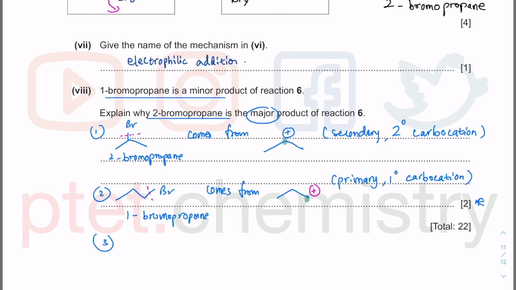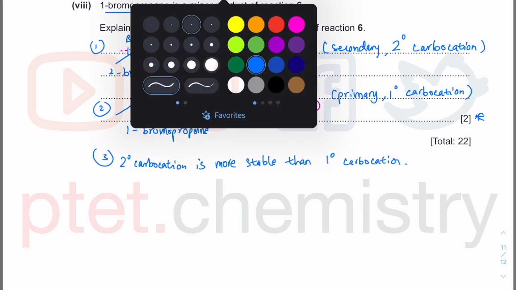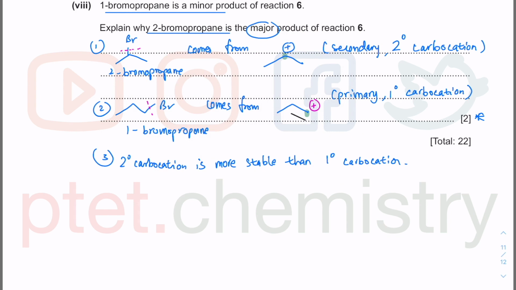We can say that secondary carbocation is more stabilized compared to primary carbocation, and you have to explain. You cannot just state it's more stable. In fact, tertiary is more stable than secondary, more stable than primary carbocation, because we think about this thing called inductive effect.